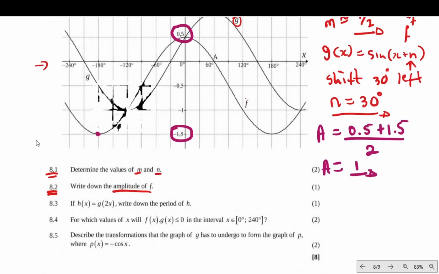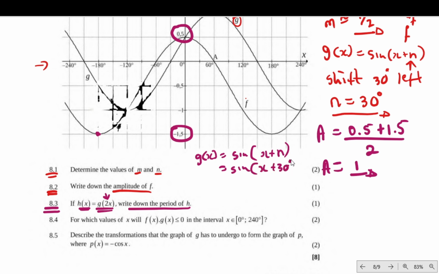Fine. And then we go to this question here. 8.3 says, if h of x is equal to g of 2x, like this, write down the period of h. So we know very well that our g of x is equal to sine of x plus n, right? And we found that n is equal to 30, so it's going to be sine of x plus 30 degrees, right?